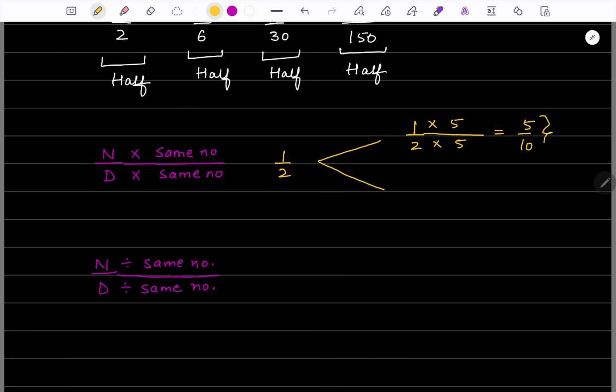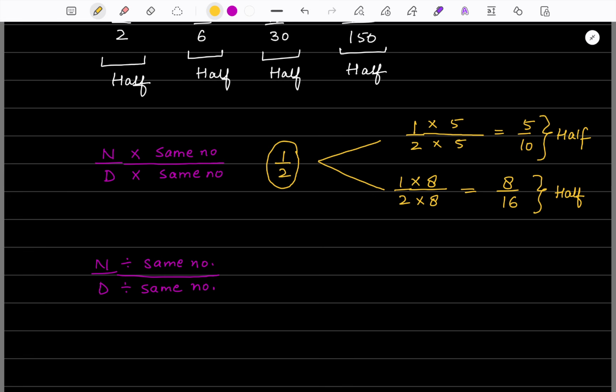Now 5 by 10 represents the same part of the whole, that is half, and that is exactly what we started with in 1 by 2. If we try and multiply with another number, top and bottom, 8, we get 8 by 16. So here 8 is half of 16. So again this is representing half. So this is how we find equivalent fractions by multiplication.